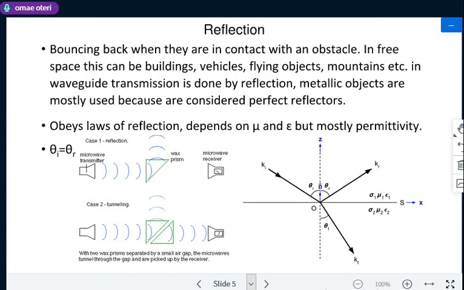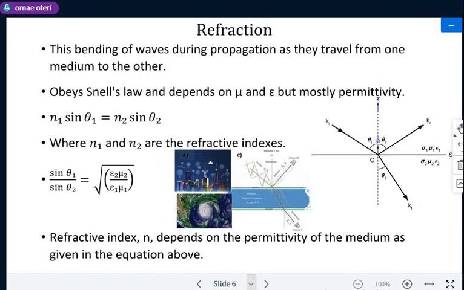Then we looked at reflection, where we were able to see what it is exactly and how we use it positively, and also the negative effect which it can have on our signals. Then we did refraction, remember, and we looked at the effects it has, which are usually similar. In fact, most of them are similar to what we had in reflection.